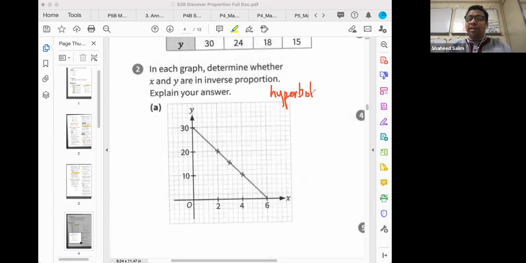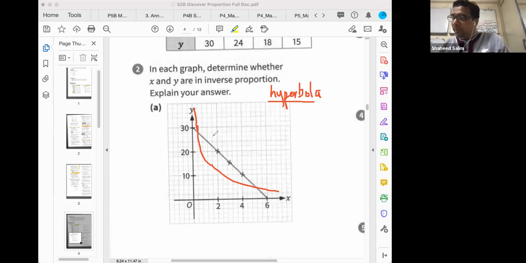The word is bola, ball, so hyperbola. It's a curve that the longer it goes, the closer it gets, but it never touches the y-axis. It never touches. So this is not a hyperbola. All right, so they are not in inverse proportion.